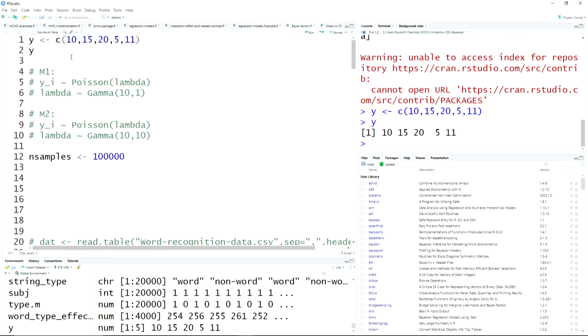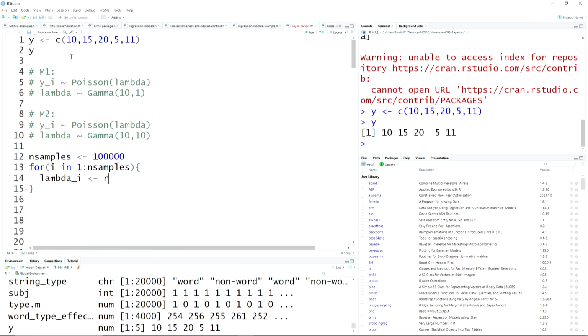Okay, what are we going to do? We can run a loop from i in 1 to the number of samples. Okay, and in each iteration we would generate a proposal. So, we'll generate a proposal lambda, let us call it lambda_i, from some importance density.